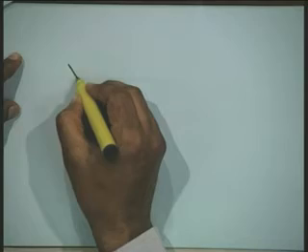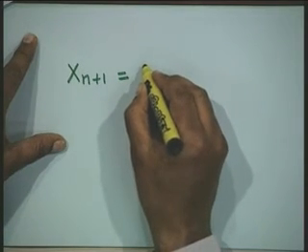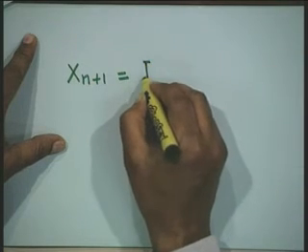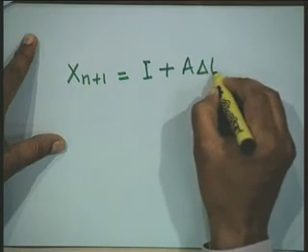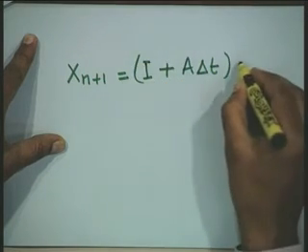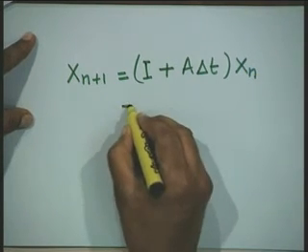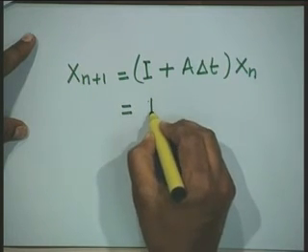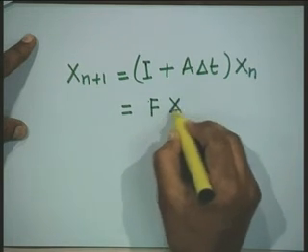Now, we can write this equation in the form x n plus 1 equal to (I plus A delta t) into x n, which can be written as function F into x n.